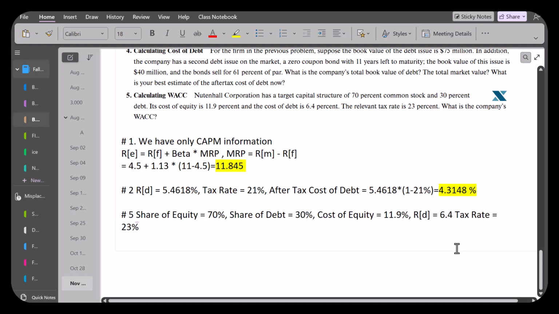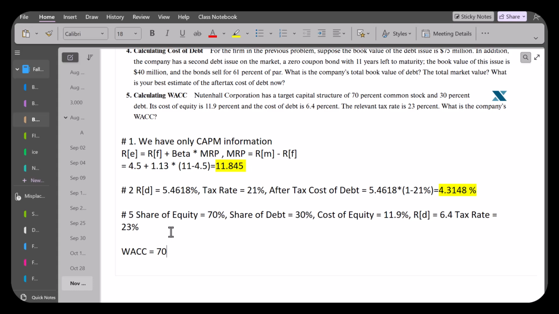Share of equity, 70%, times 11.9%, plus 30% is share of debt, times 6.4% times 1 minus 23%.